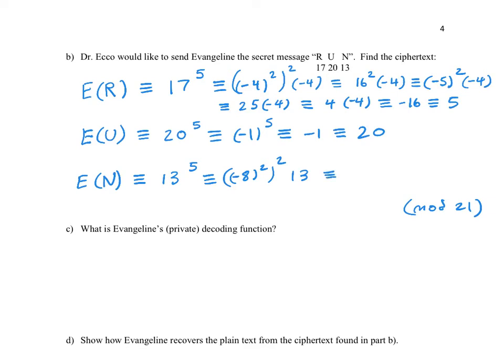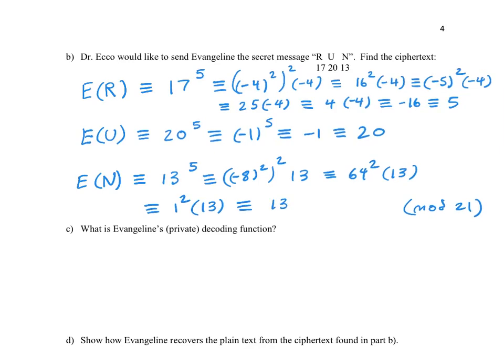So minus 8 squared gives us 64. So 64 squared times 13. Now 64 is kind of convenient in mod 21 because 64 is 1 more than 63, which is a multiple of 21. So that changes into 1 squared multiplied by 13. So we return right back to where we started at 13.